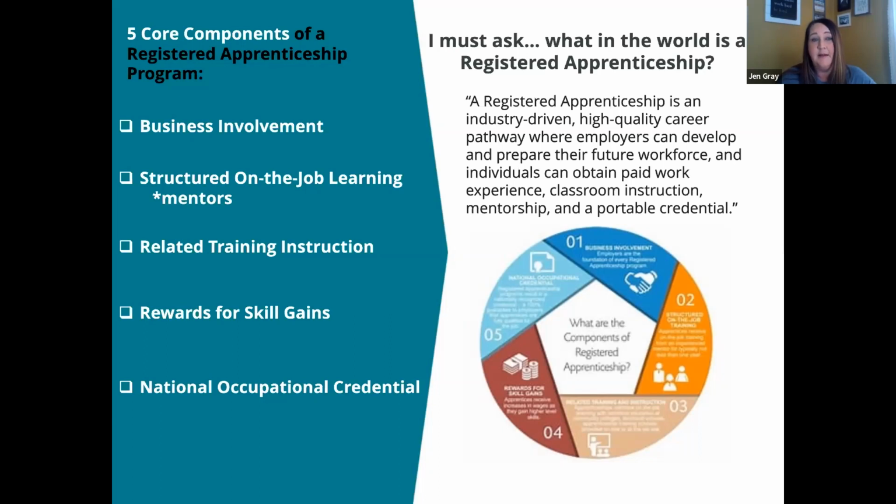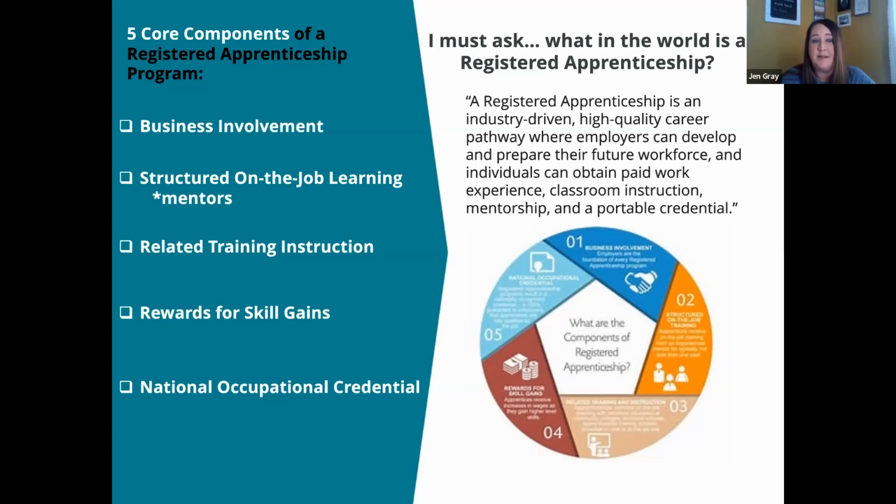Usually with on-the-job learning, it's 2,000 hours of on-the-job training, which is about a full-time position. That individual will be learning from someone that you deem a mentor in your agency, maybe someone that has been doing this occupation for quite some time. They're going to teach and assist that individual in learning that occupation through these on-the-job competencies.